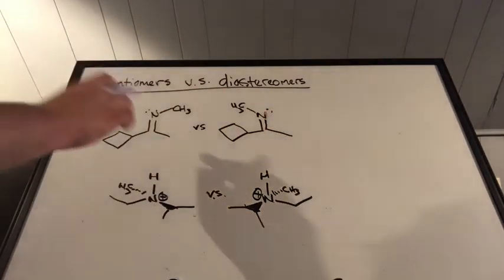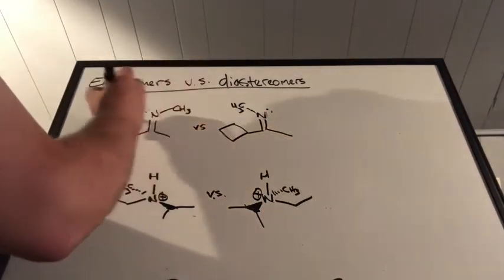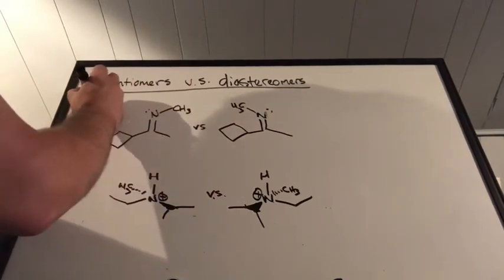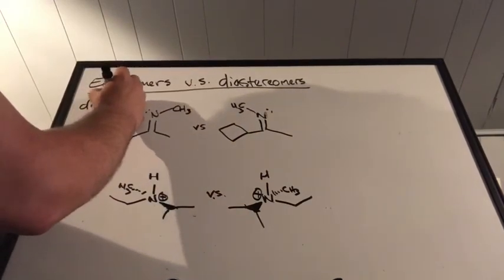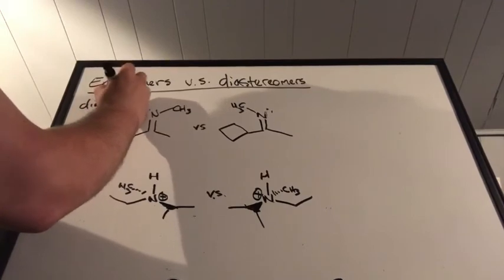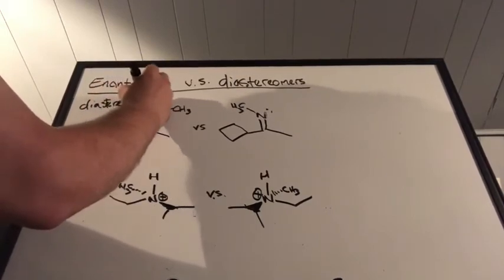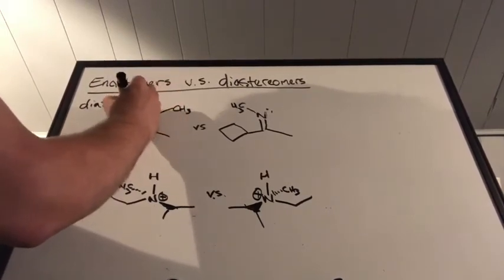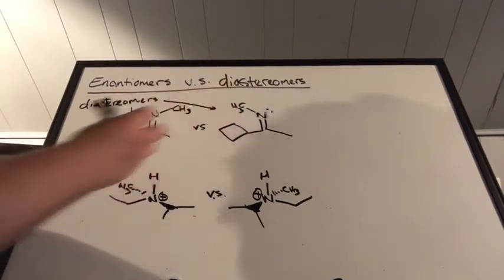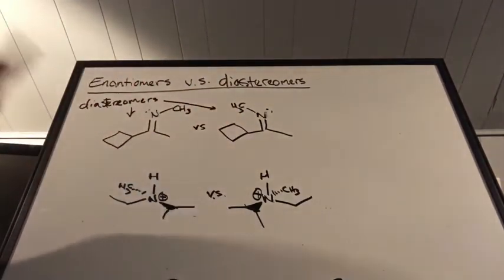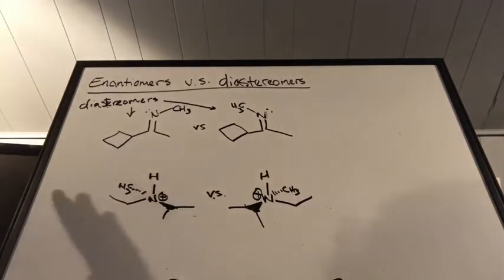So in other words, these are going to be diastereomers of one another. So that means these species are just one particular stereocenter changing out of multiple.